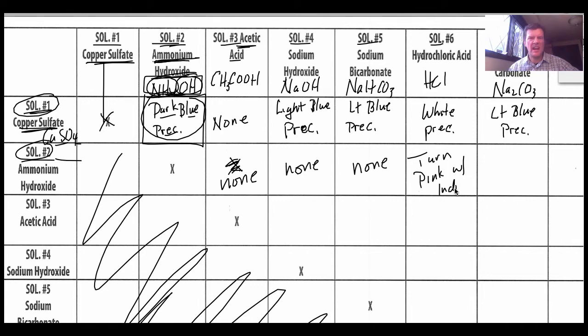We haven't talked about acids and bases, but all you need to know is that it's going to turn pink if we add hydrochloric acid and ammonium hydroxide, and also have an indicator in there. Okay. Sodium carbonate and ammonium hydroxide, you are going to see no evidence of a reaction here.